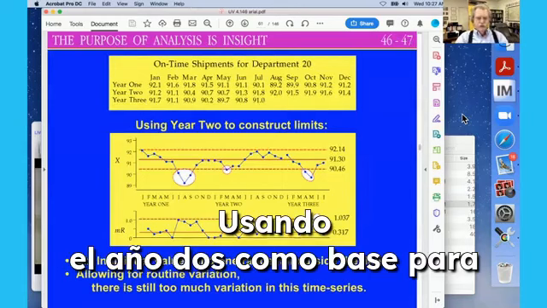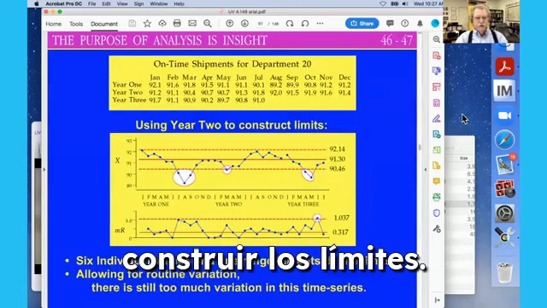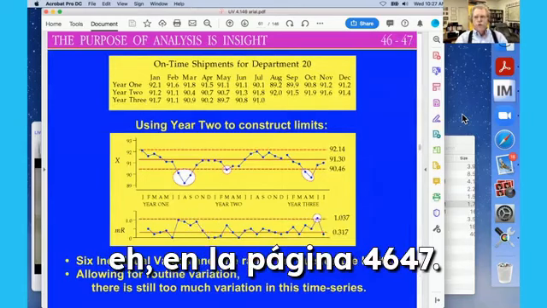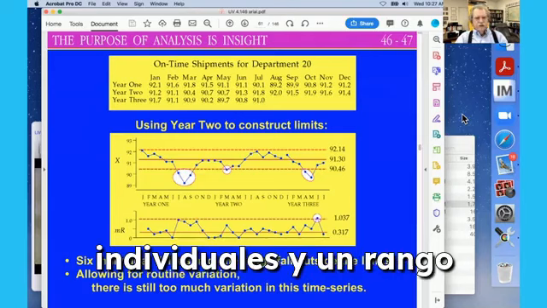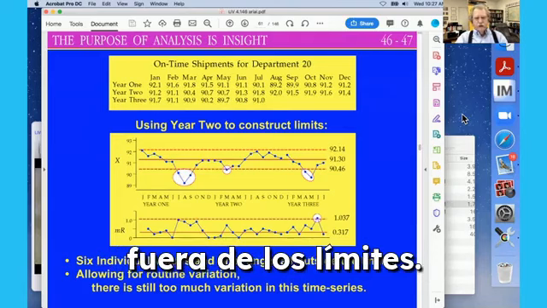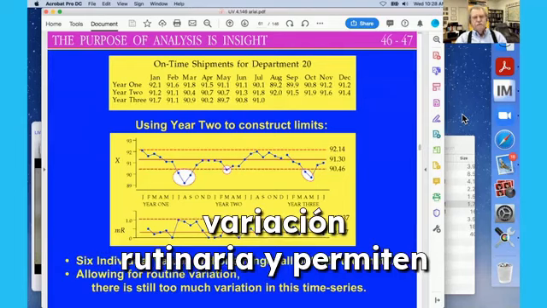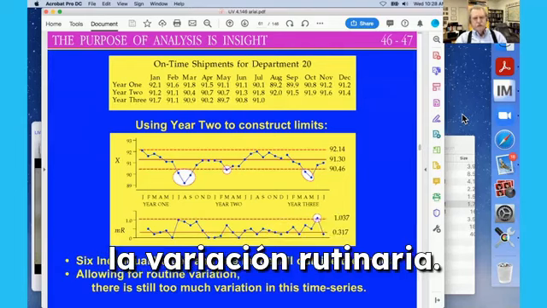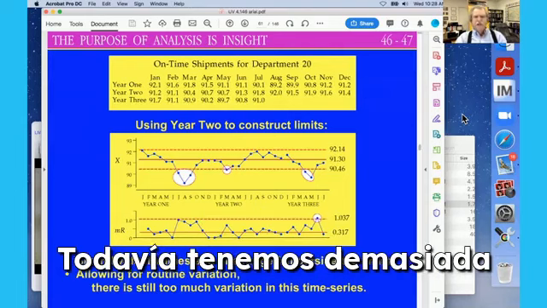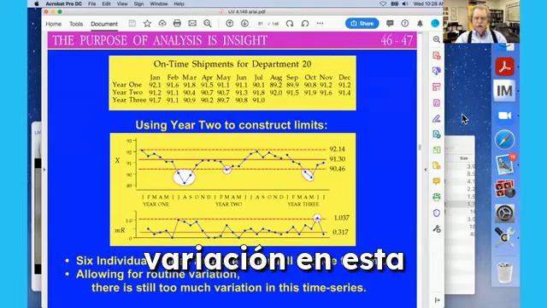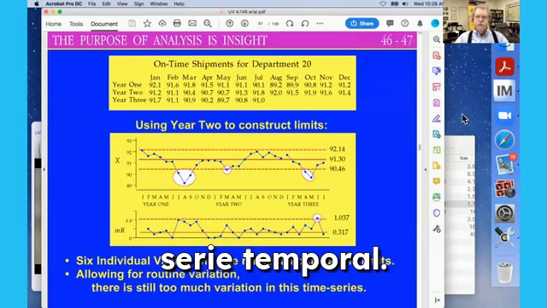Using year 2 as a basis for constructing the limits, we get the chart shown on page 46, 47. We have 6 individual values and 1 range outside the limits. These limits make allowance for routine variation. And making allowance for routine variation, we still have too much variation in this time series.